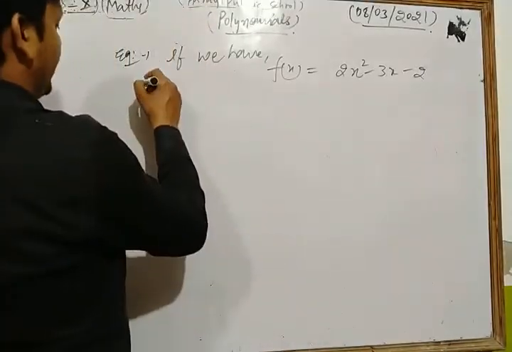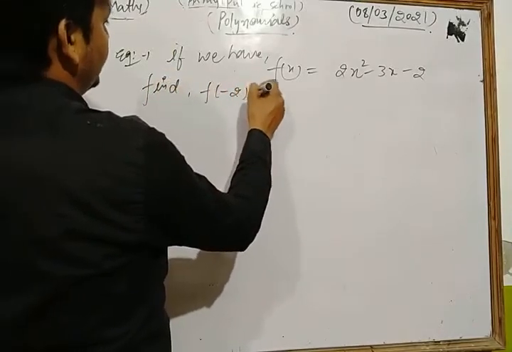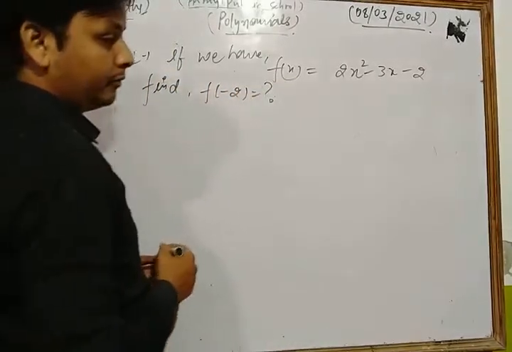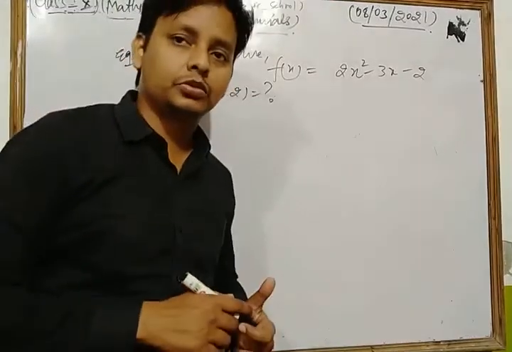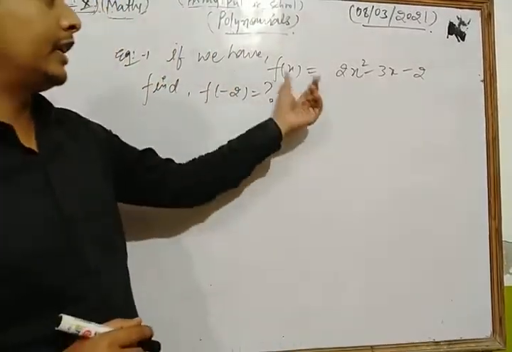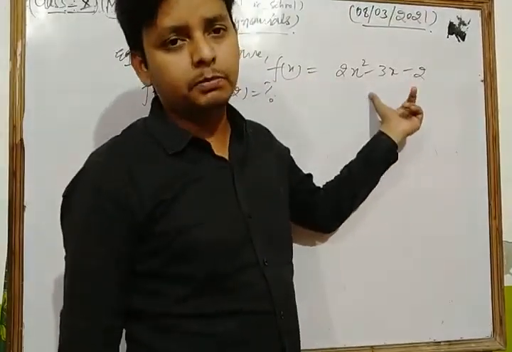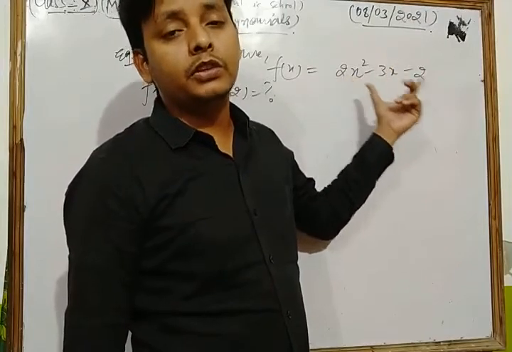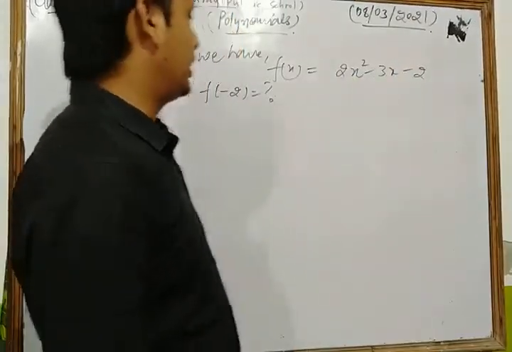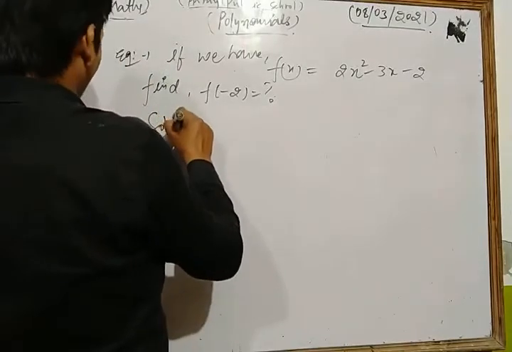Now we find f of minus 2. This is a question based on the value of the polynomial at a given point. Here f of x is equal to 2x square minus 3x minus 2, which is the given quadratic polynomial. Now let's see its solution.